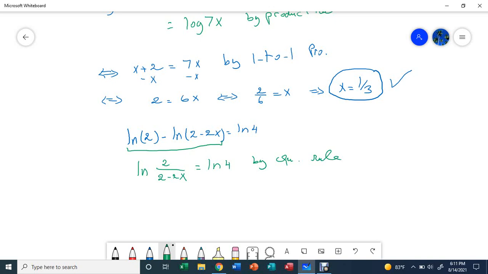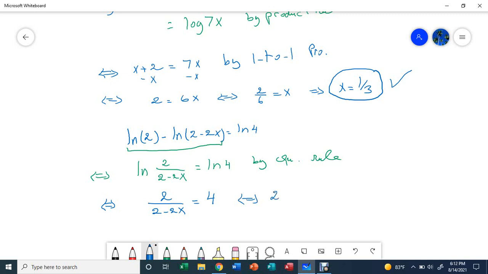By the quotient rule, now I can use the one-to-one property and solve this equation. So 2 over 2 minus 2x must be the same as 4. Now I can either simplify the left hand side by dividing everything by 2, or I can multiply both sides by 2 minus 2x, and that's what I'm going to do.